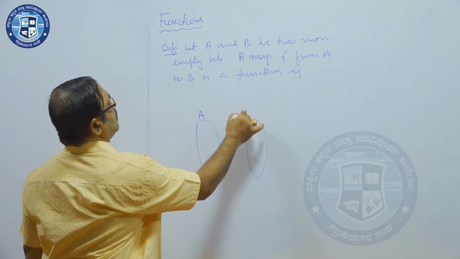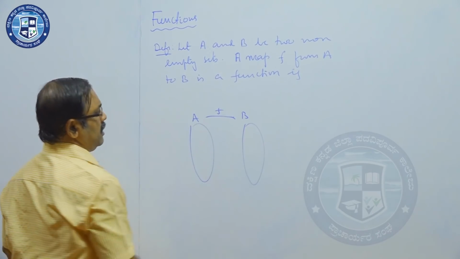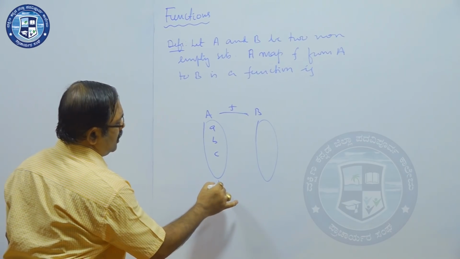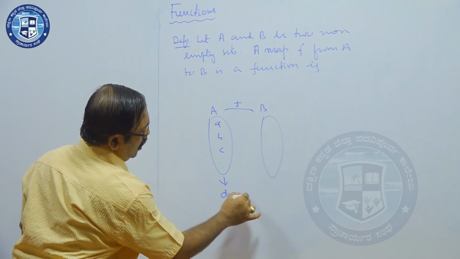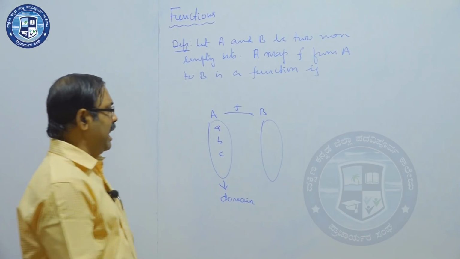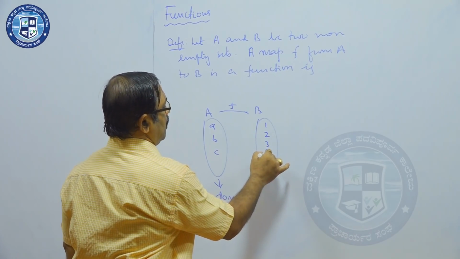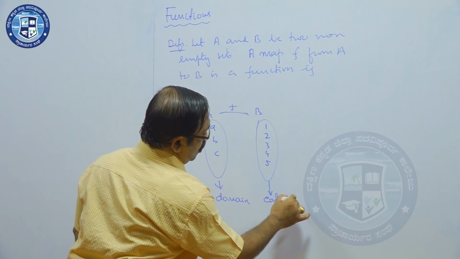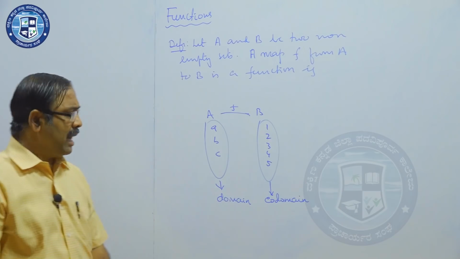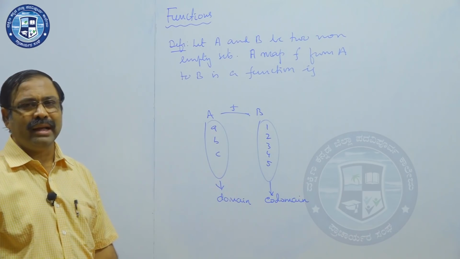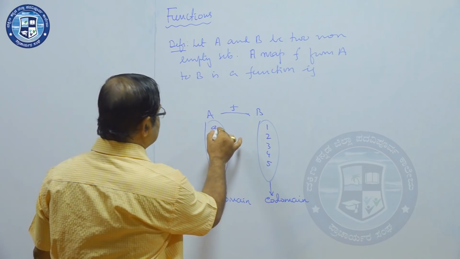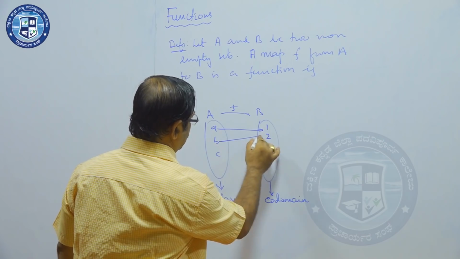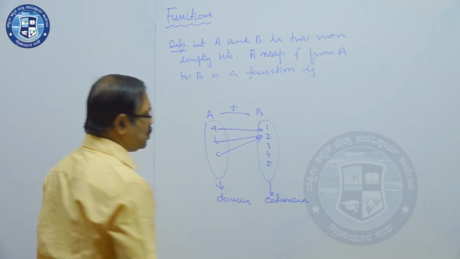See, set A to set B, and we know that elements of set A are called domain elements, and elements of set B are called codomain elements, and the images are called range elements. See, A has image 1, B has image 2, C has image 2.